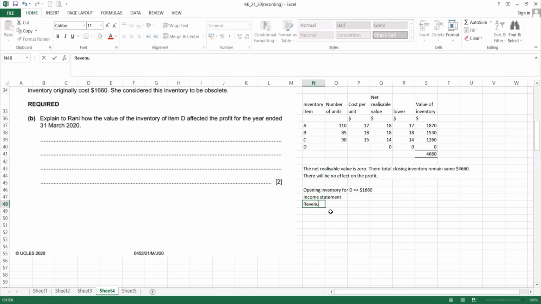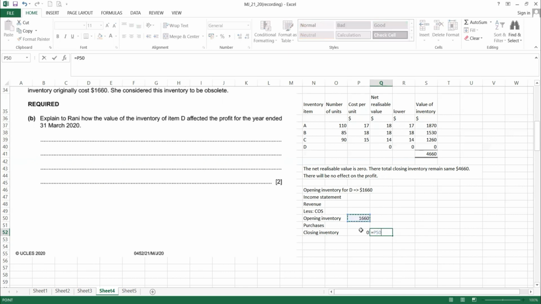If we use the accounting concept, the income statement, we have the revenue less cost of sales: opening inventory, and then purchases, closing inventory. For my understanding, when we initially recorded 1,660, at the end of the year there is no value for it.